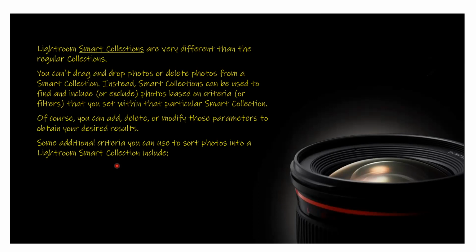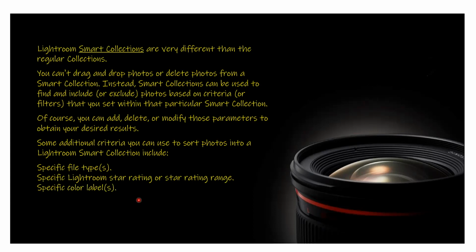Some of the criteria you can use to sort the photos into a smart collection include specific file types. That could be RAW, that could be JPEGs, specific star ratings, if you have star ratings that you put on, color labels, specific aspect ratio, Lightroom picked or rejected photos, Lightroom keywords.